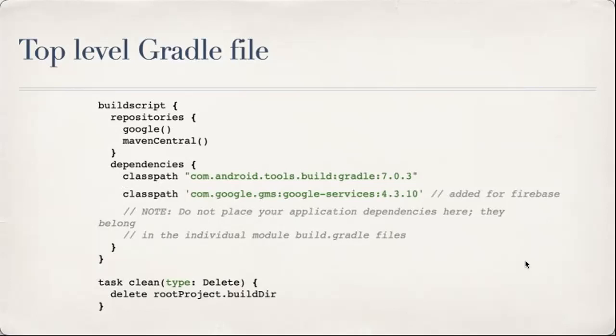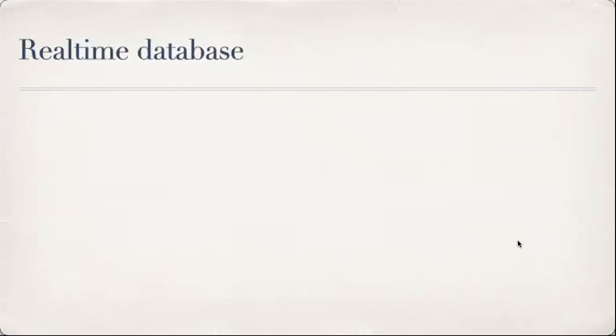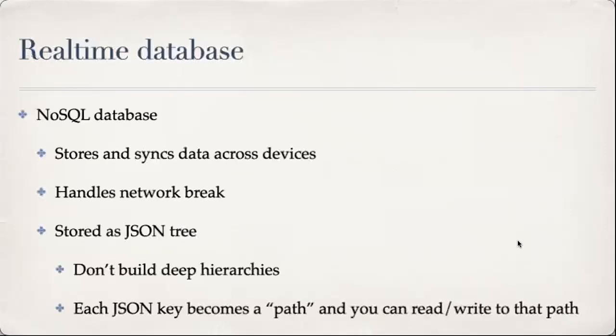So what's that Firebase real-time database? It's basically a NoSQL database that stores and syncs your data across all the devices, across all the clients that you want to provide in future. It also handles network breaks, so you don't have to do anything special for that syncing.